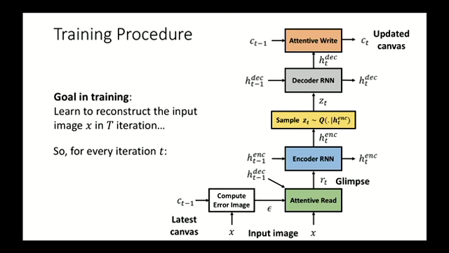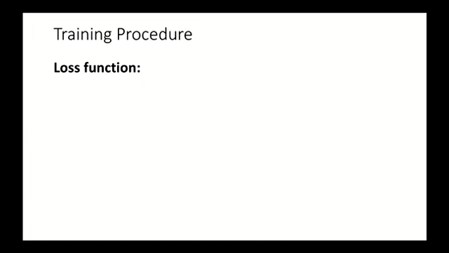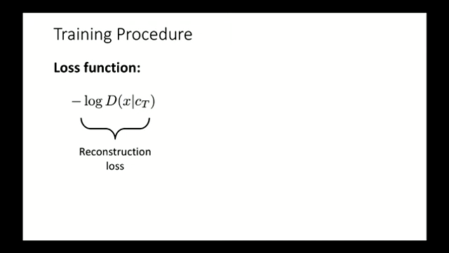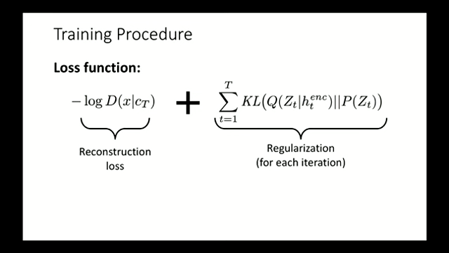Any questions? So that makes it clear that the loss function should be how well I'm doing at generating this canvas given X. Correct? So we have this term here, which is the same negative log likelihood reconstruction loss as in VAEs. And we have this VAE regularization term, which is basically the KL divergence between my posterior and my prior over the latent space.